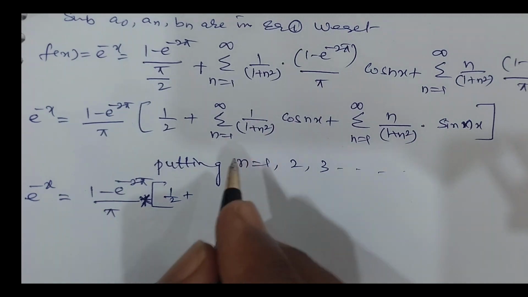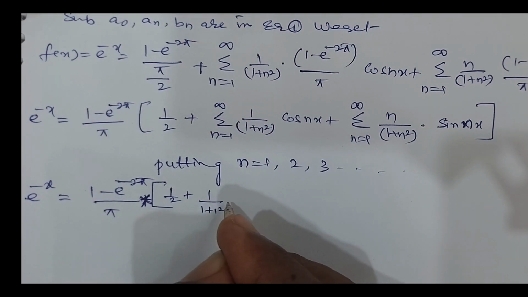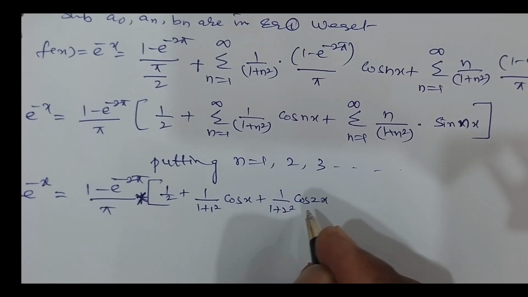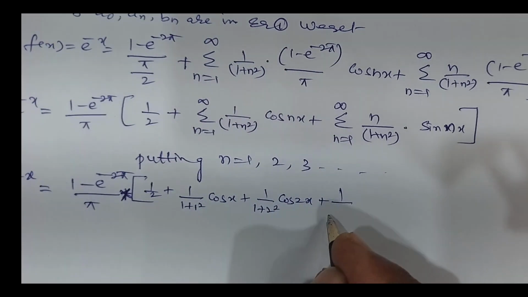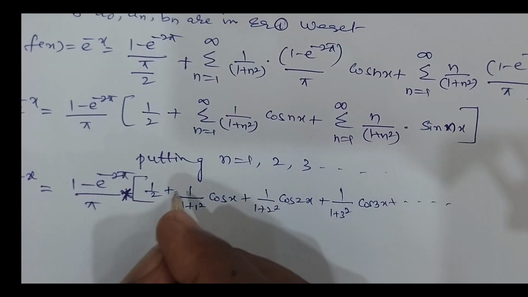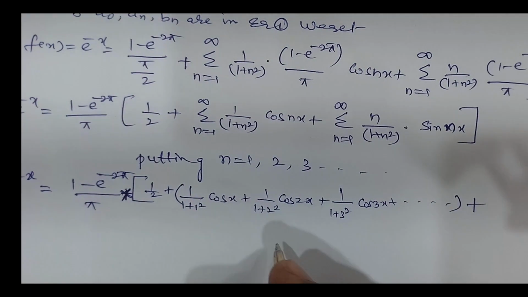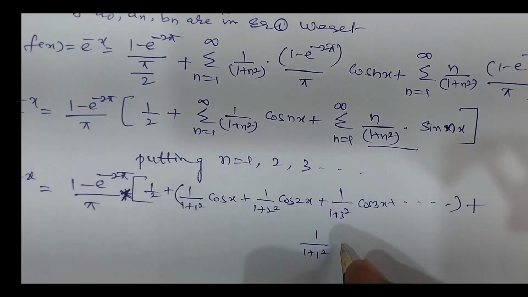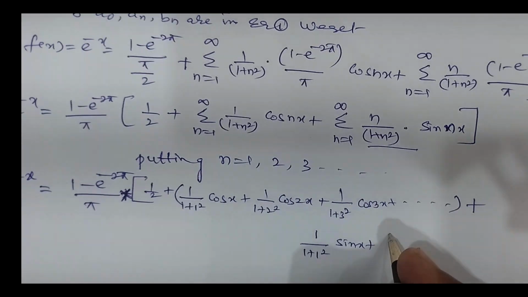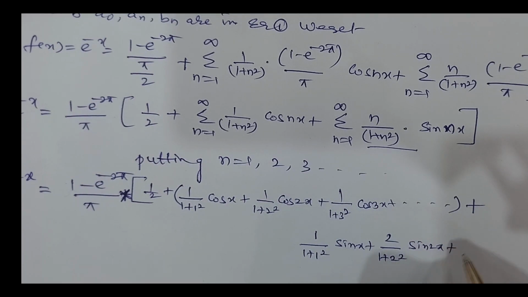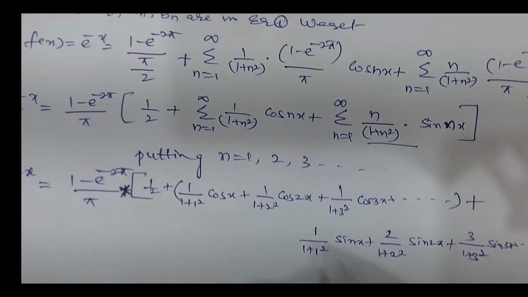The first value, n is equal to 1: 1 by 1 plus 1 square into cos x, plus 1 by 1 plus 2 square into cos 2x, plus 1 by 1 plus 3 square into cos 3x, plus and so on. Next, the sine terms: 1 by 1 plus 1 square into sin x, plus 2 by 1 plus 2 square into sin 2x, plus 3 by 1 plus 3 square into sin 3x, plus and so on.